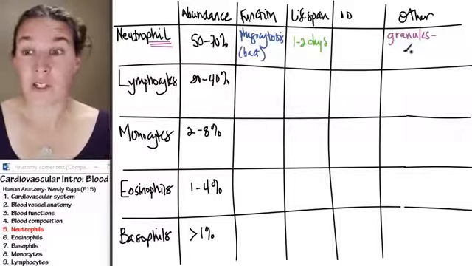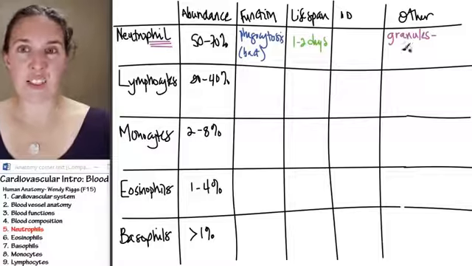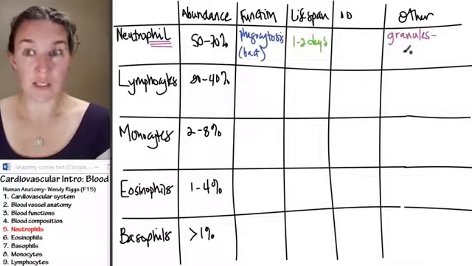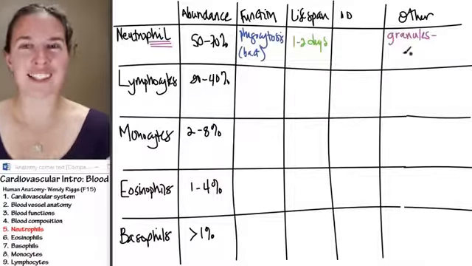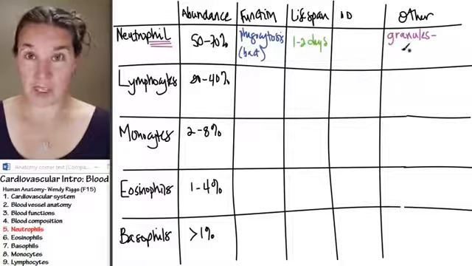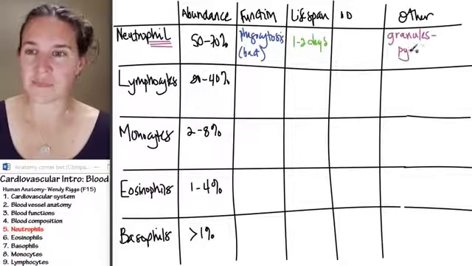Well, one of the things that the neutrophils' granules can do is cause fever. And so the granules consist of a special chemical called a pyrogen, which causes fever. It's kind of interesting.